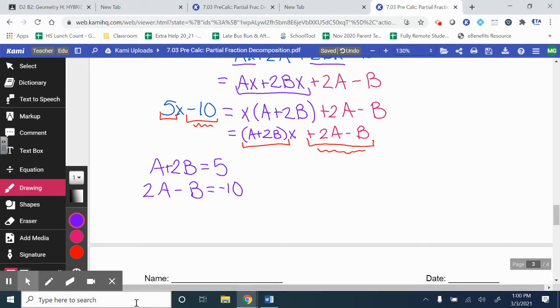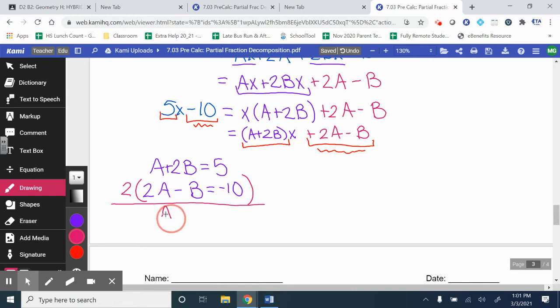You have two different options. You can still use substitution or elimination. It's up to you. Maybe for this one, we will do elimination. And let's eliminate our b's. So let me multiply the second equation here by positive 2 to get my b's to drop out.